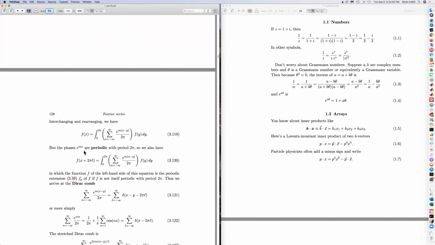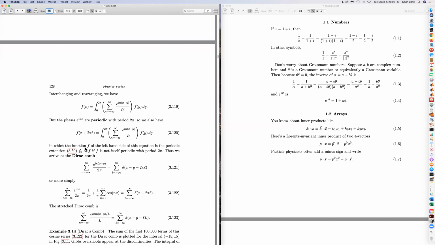These phases are periodic, and so it would also be true that f of x plus 2 pi L is given by the right-hand side.